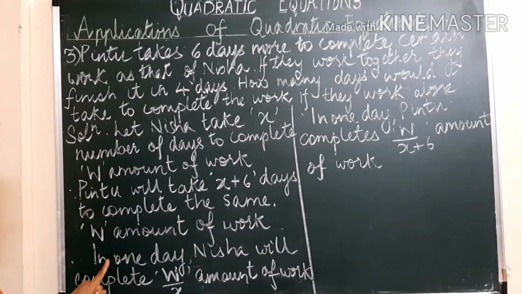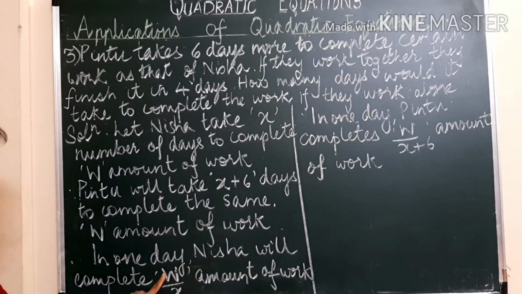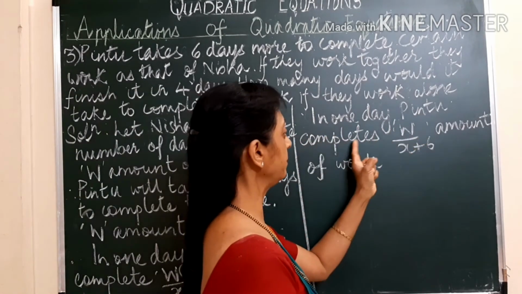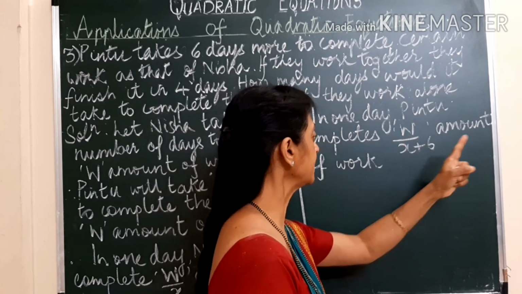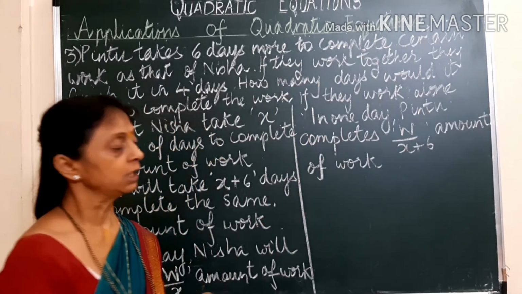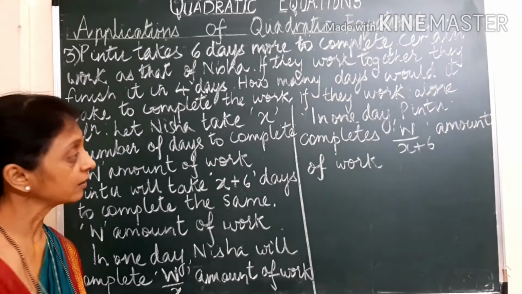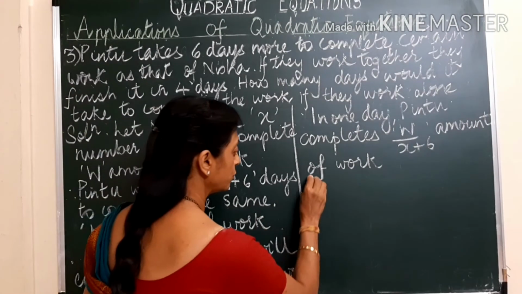Now children, what have we written? In 1 day, Nisha completes W upon x amount of work. In 1 day, Pintu completes W upon x plus 6 amount of work. Therefore, in 1 day together, what is the work that they finish?